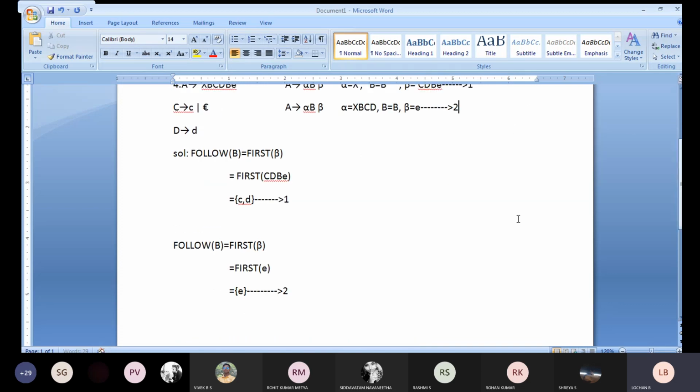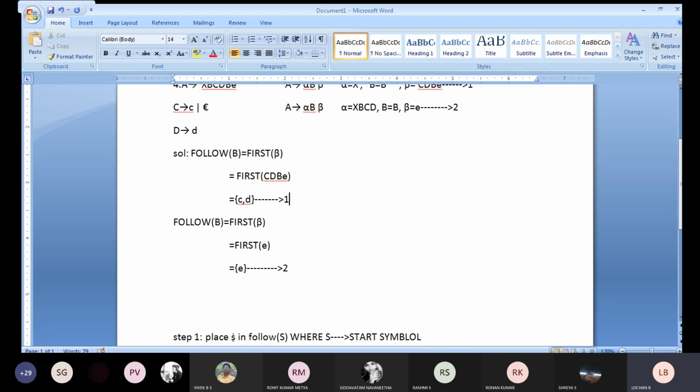So 1 plus 2 I am going to take now. The result you are going to get: if you combine, follow of B is equal to follow of D, which is equal to C, D. Have you understood this problem, or shall I repeat it once again?